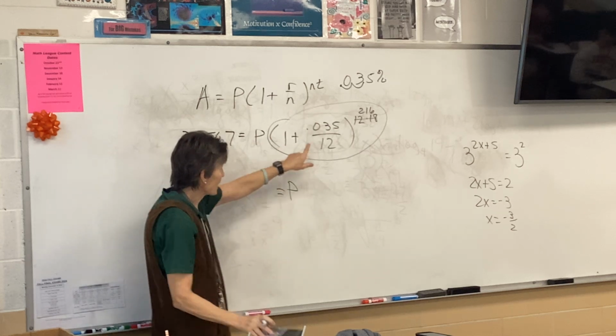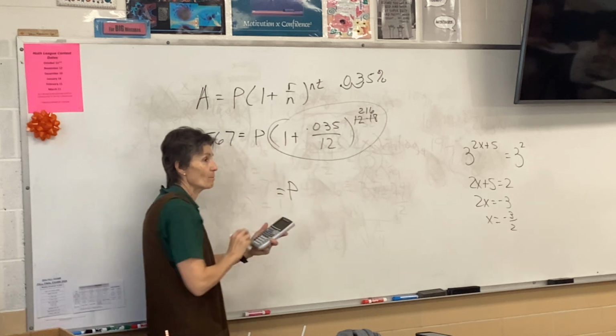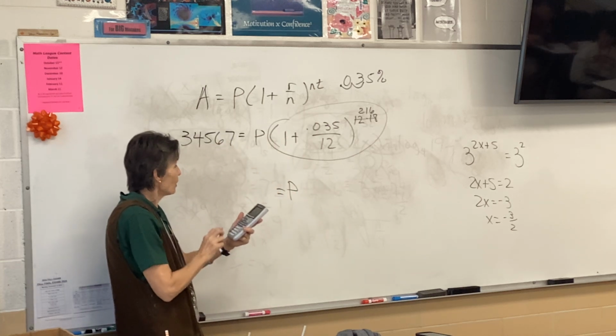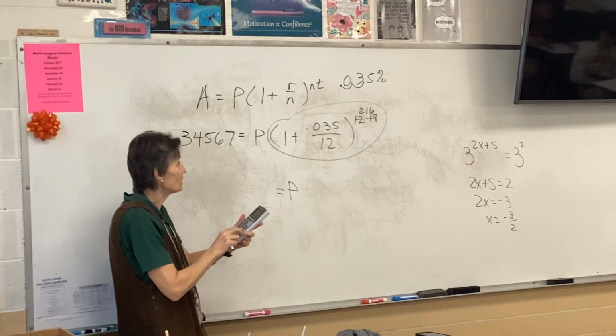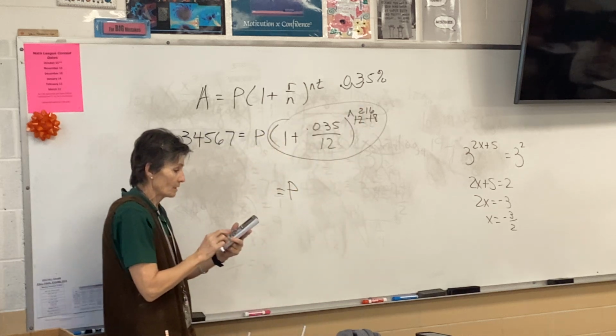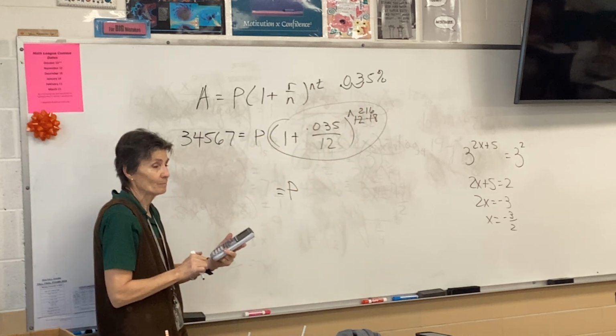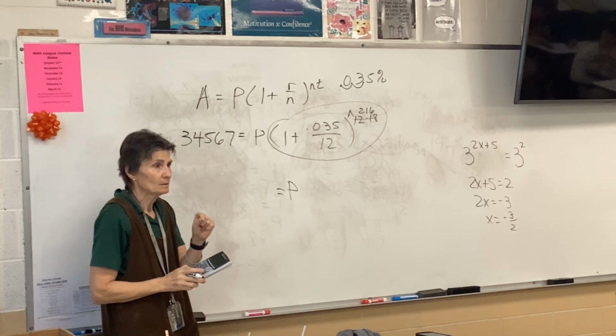Okay, so let's type that into our calculator, exactly the way I wrote it. Parentheses, 1 plus 0.035 divided by 12, close parentheses, raised to the 216th power. Now do not write that number down.